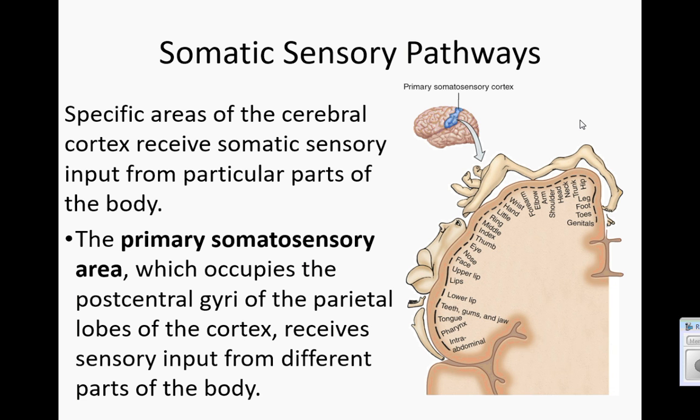Now, what is really cool is the primary somatic sensory area in our cortex is mapped out, meaning that there are specific regions within that area of our cortex that signals will travel to, coming from the various places of our body. Notice how big our hands and our faces are in our figure. This is sometimes known as the homunculus.